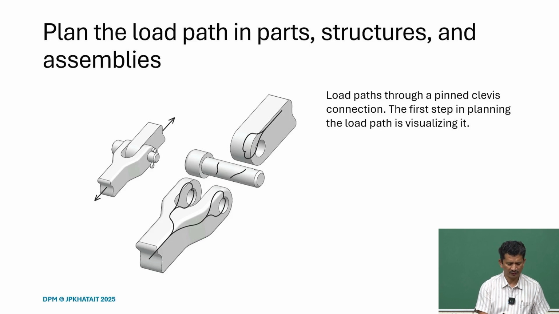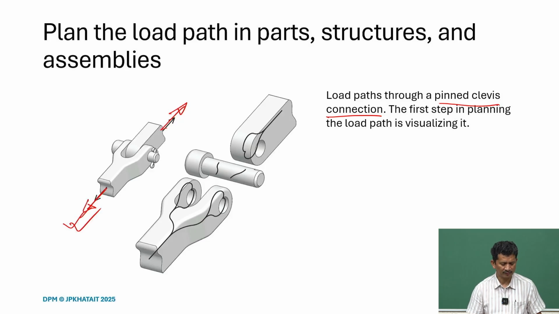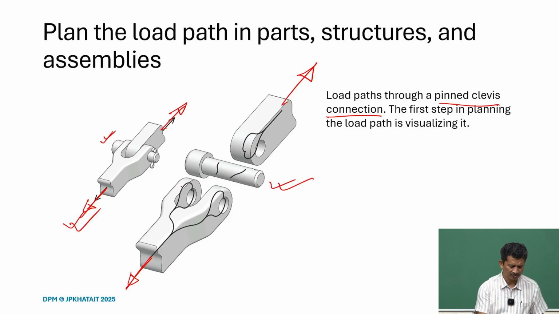So, in this case, if you take this example, a pin clevis connection. Yes, these are the external loads that we have. This is what we see, but there are many parts here, the pin is here. When we are applying this load, the tensile load, how is it traveling? If we are able to visualize, we realize that it will be on these parts.